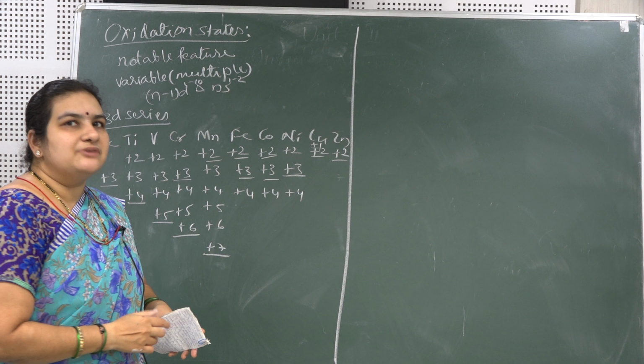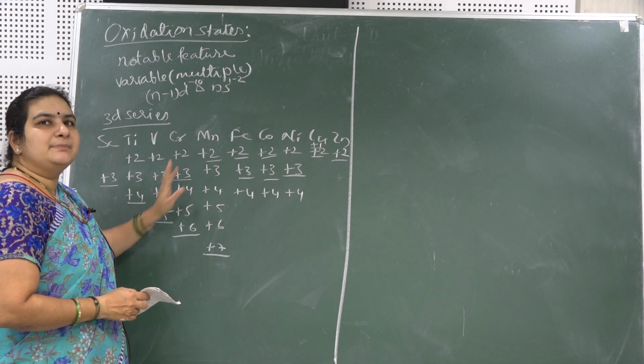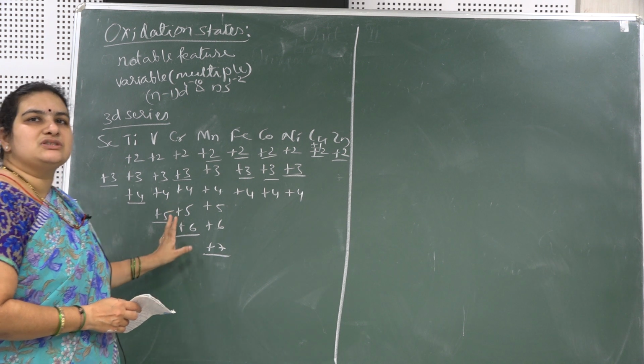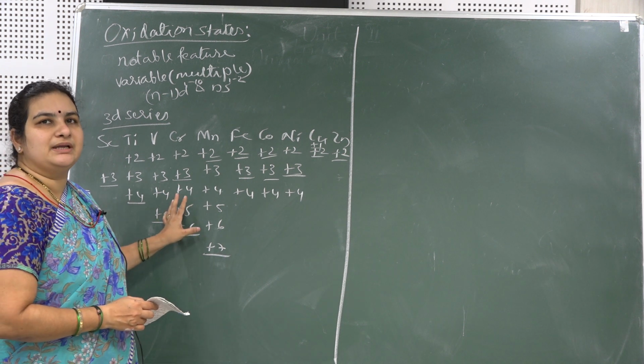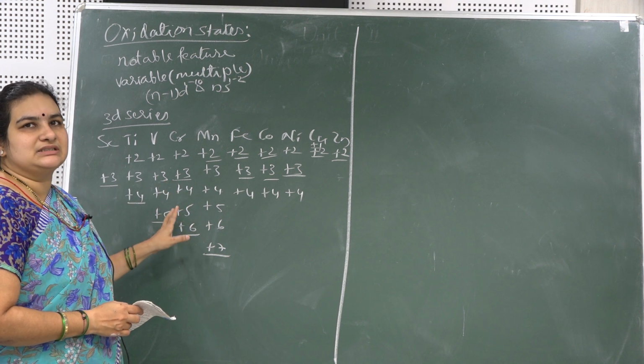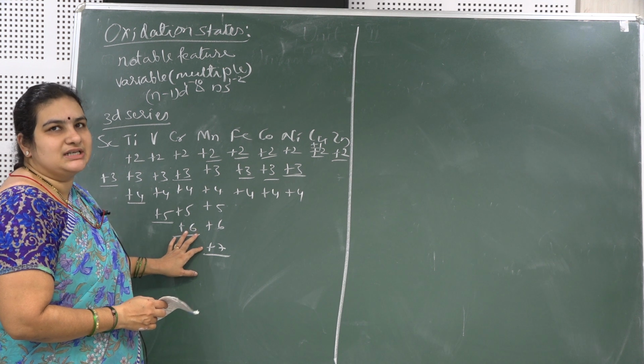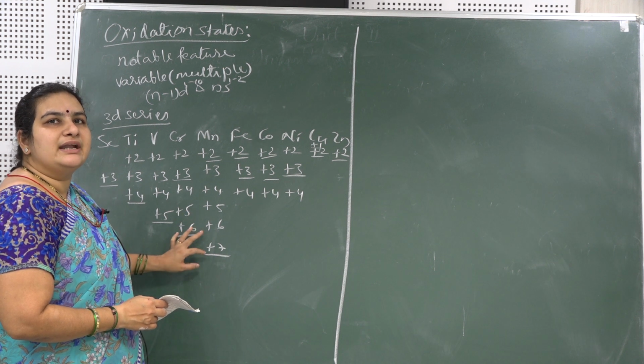If we observe the elements, the highest oxidation state is possessed by the elements in the middle of the series. For example, Mn possesses +7 oxidation state in the 3d elements.